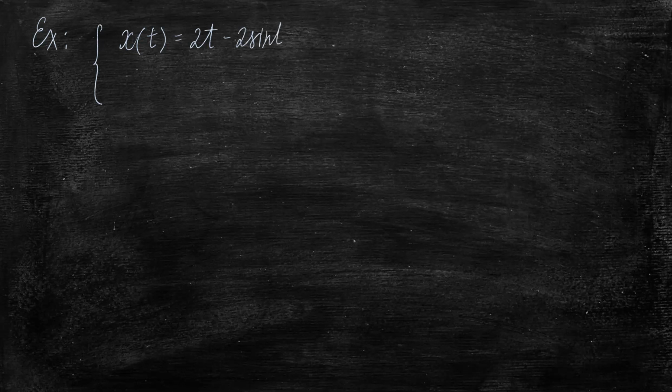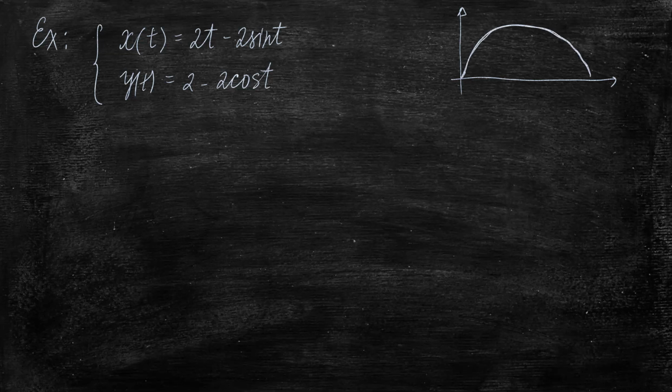So we're going to have the same exact problem, but instead of looking for the area underneath, we're going to find this length right here. And previously we learned that the values of t from 0 to 2 pi generate one arc, and the question is now to find that arc length.